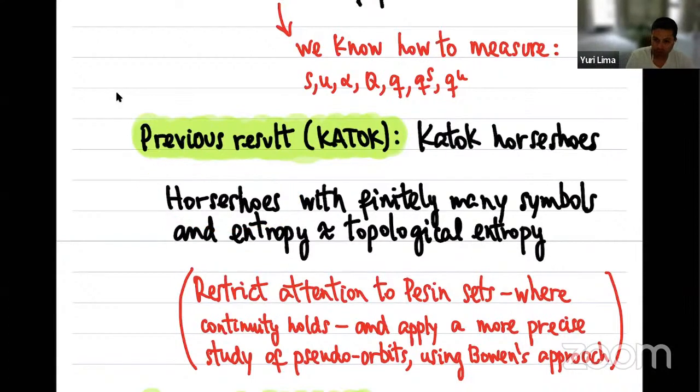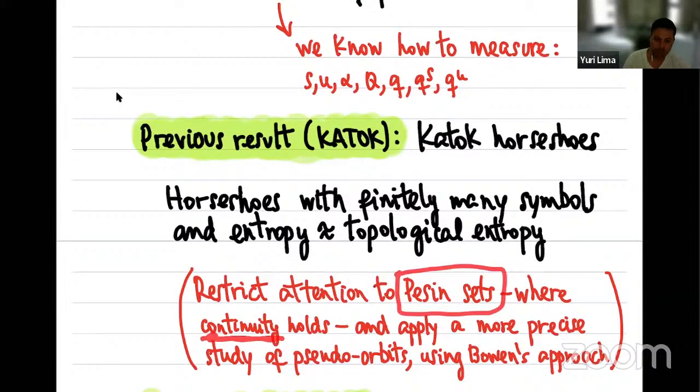And the idea of Katok was exactly to do what? Well, the machinery of Pesin theory that constructed invariant manifolds was already present. So his idea was: okay, what if I know that all these objects do not vary continuously, but I can restrict my attention to the Pesin sets. Pesin sets are exactly subsets of your phase space in which all the quantifiers vary continuously.